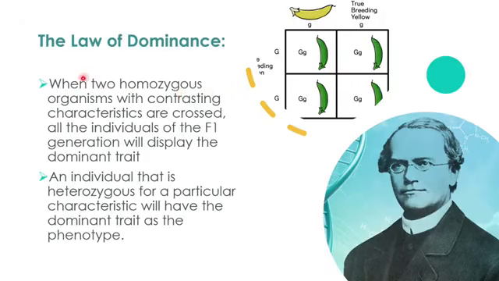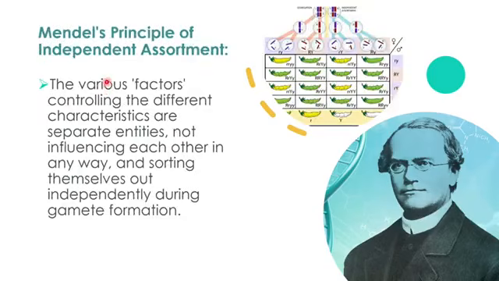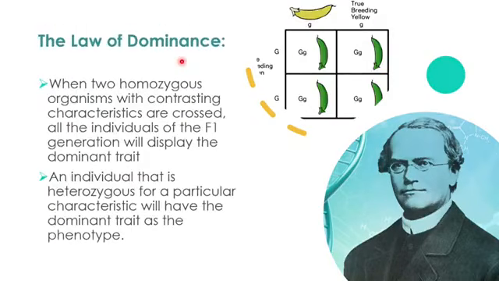So his three laws are the law of dominance, the law of segregation, or the principle of segregation, and then his third law is the law or the principle of independent assortment. Right, so I'm going to unpack these three laws for you.